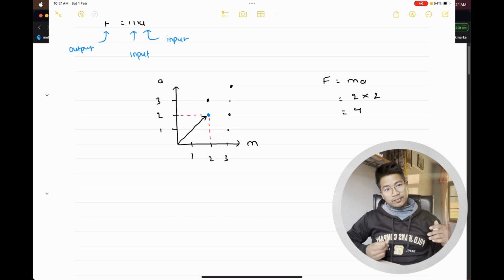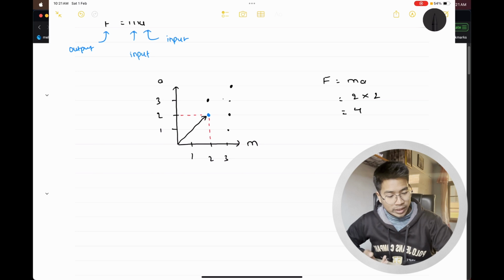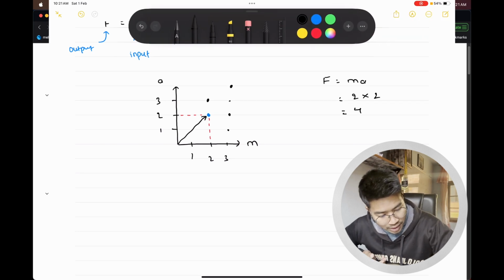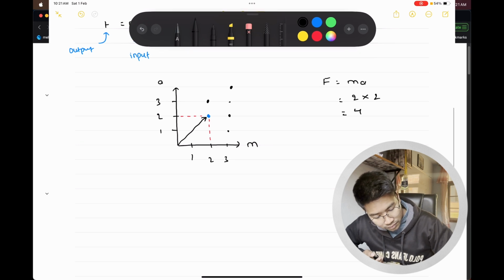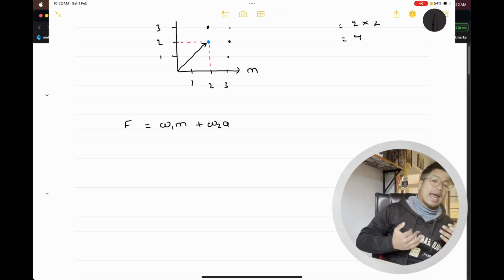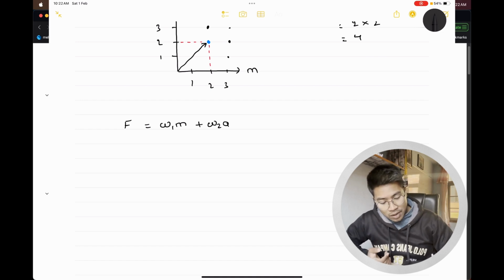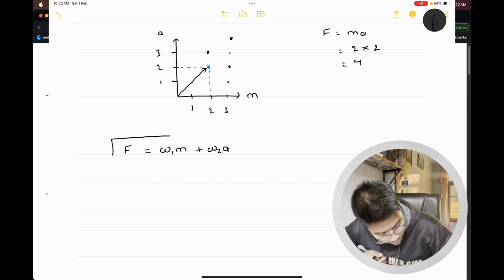And a general equation for plotting all of these points is written in terms of a linear combination. The way you would write that would be f is equal to w naught, or let's just say w1 m plus w2 a, because a and m are our inputs. And this equation right over here would be the linear combination.